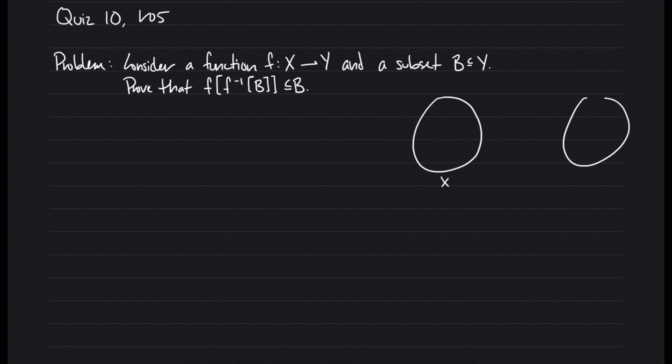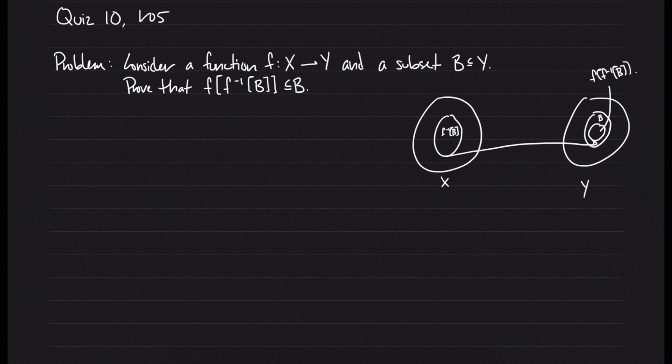We've got X and we've got Y and we've got our subset B here, and we look at the preimage f inverse of B, and then we look at the image. I'm claiming that if I push this over, I'm going to get something that's inside of B.